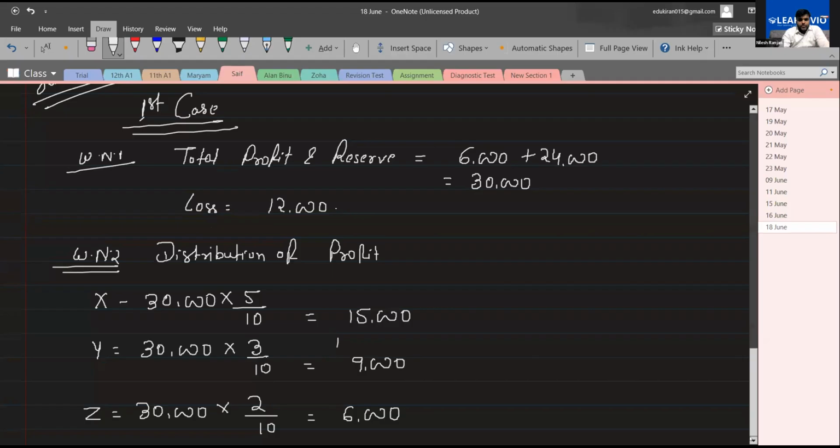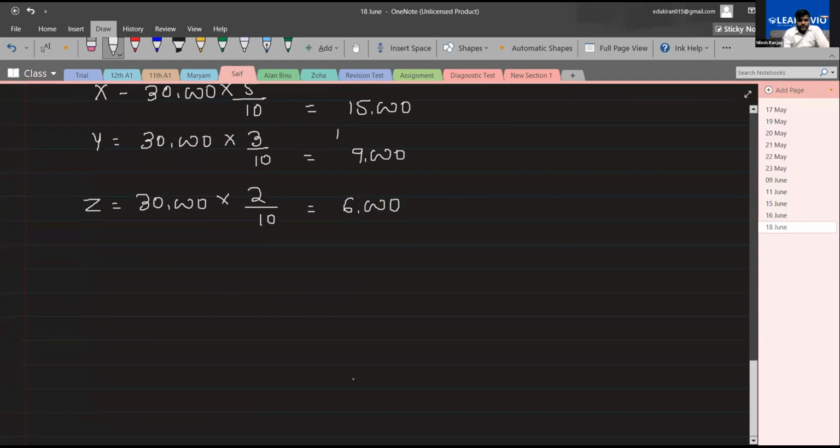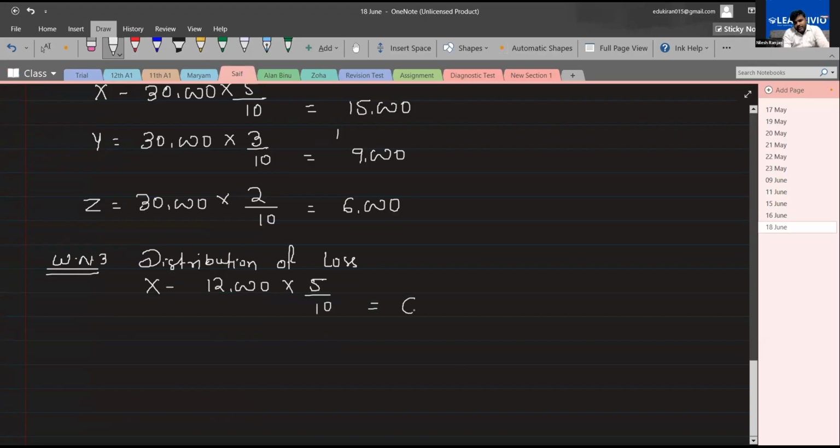Now distribution of loss, which is 12,000. So X, 12,000 into 5 by 10, 6,000.